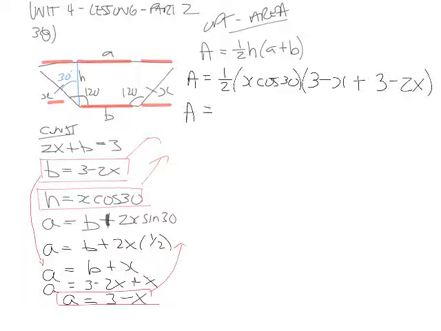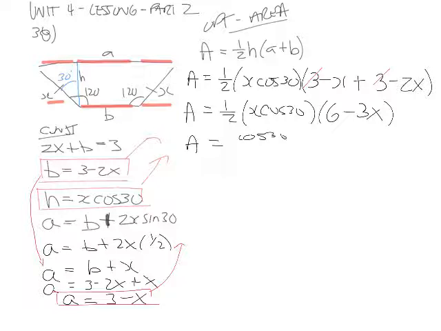So the area will be 1/2 bracket x cos 30 times, inside there, oh sorry, the 3's don't cancel, that's my mistake. The 3's actually go together to create 6 minus 3x. Distributing, I'm going to keep the cos 30 over 2 out front because it's just a number. Distribute the x in, it'd be 6x minus 3x squared.